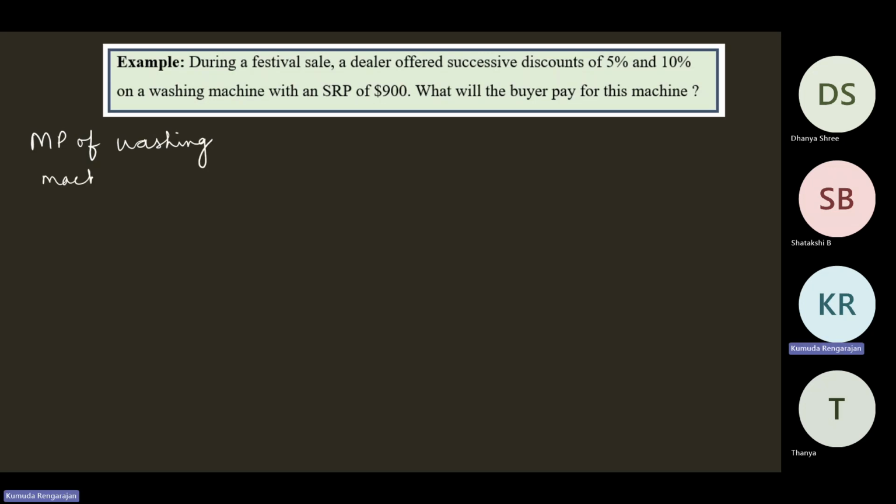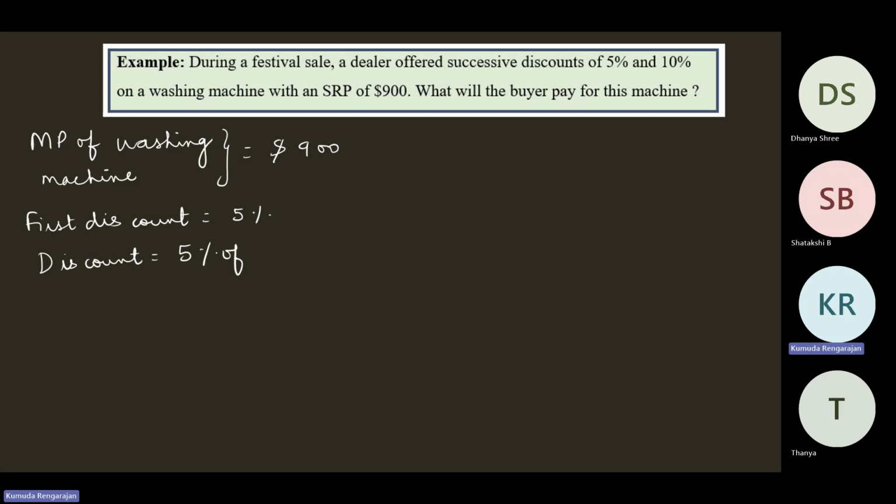is equal to $900. First discount is equal to 5%. So the value of discount is 5% of the mark price of 900.